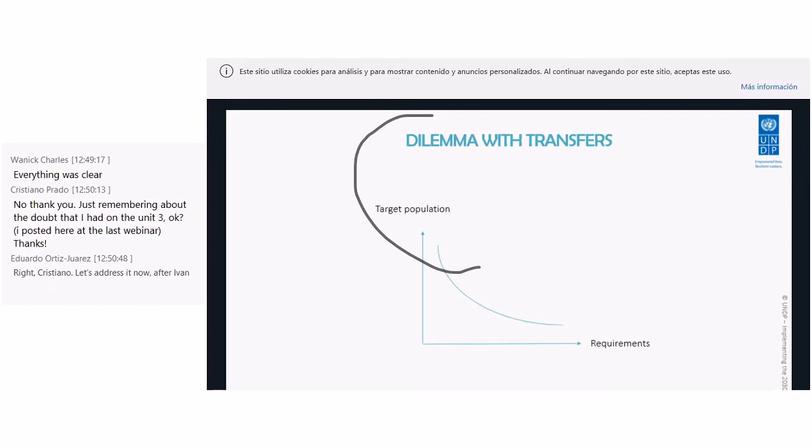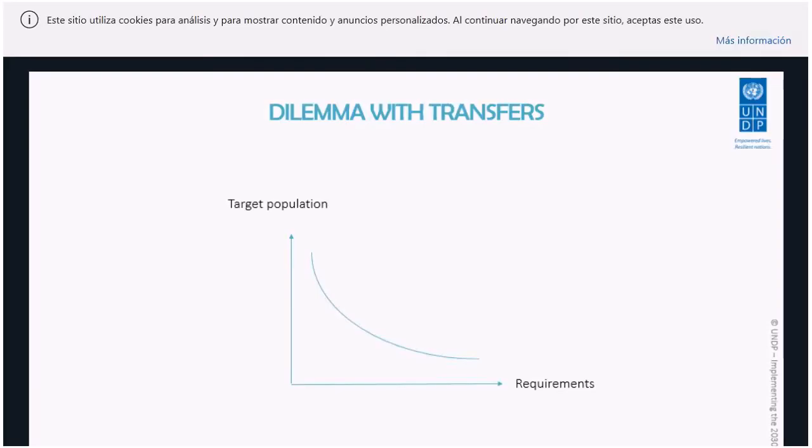So there are some techniques, not only for the sub-reporting of cash transfers, but in general for sub-reporting income.